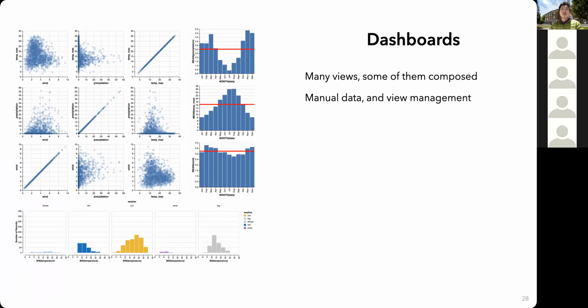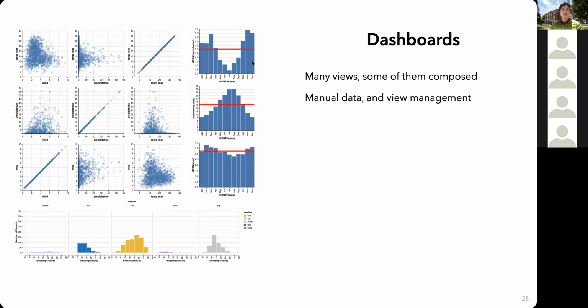Okay, and finally, you can create a dashboard using all these tools we discussed so far: the layering, the concatenation, and repeat. So for example, for this one, if you want to create a dashboard, something like this, you first create these views, this one, this one, this one, and then you put them together.